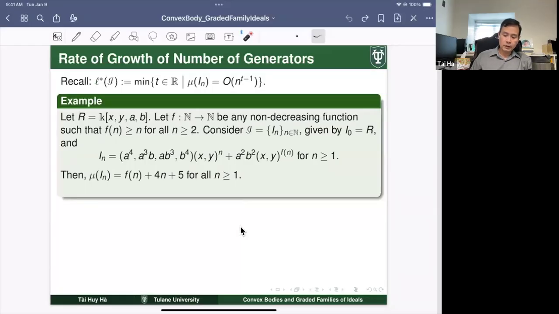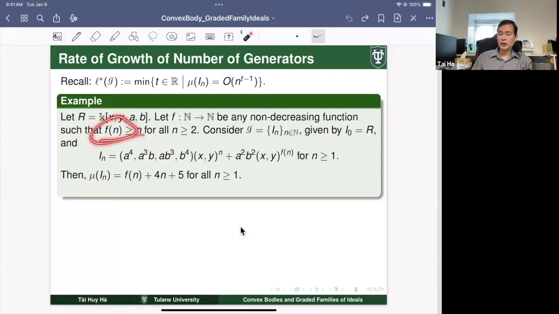As I mentioned, this invariant could be infinite, and this is an example of why. Again, this is an example in 4 variables.